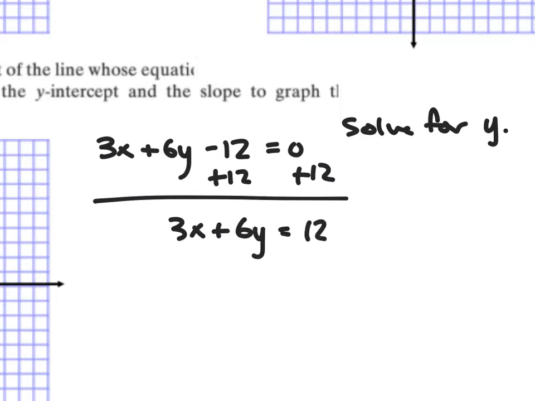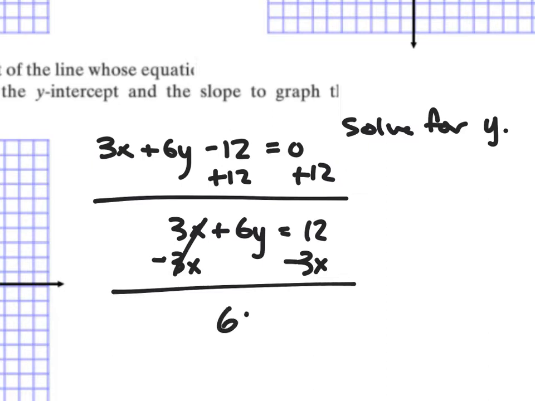I'm going to solve for y, so the first thing I'm going to do is subtract 3x from both sides. When I subtract 3x from both sides, I can't combine any of these as like terms. I'm going to write it like 6y is equal to negative 3x plus 12. I can't combine these two numbers because this doesn't have an x.